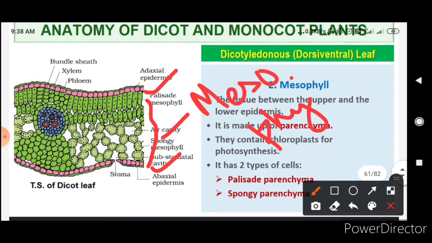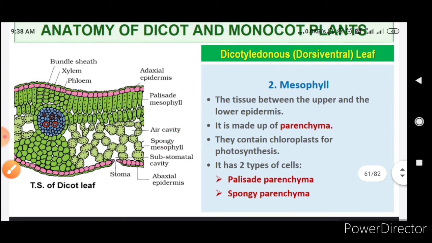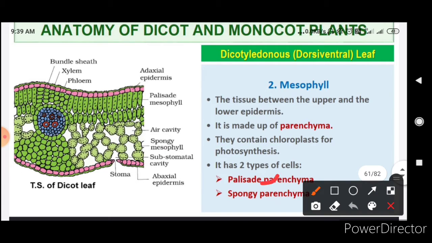This mesophyll is made up of parenchyma, and they contain chloroplast and do the function of photosynthesis. As we know, the function of leaf is preparing food. Two types of cells are present in this tissue between the upper and the lower epidermis, palisade parenchyma and spongy parenchyma. Palisade parenchyma are these barrel-shaped, long elongated cells, and spongy parenchyma are these cells.